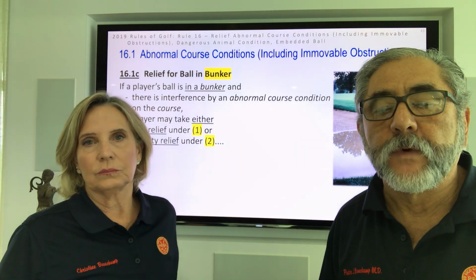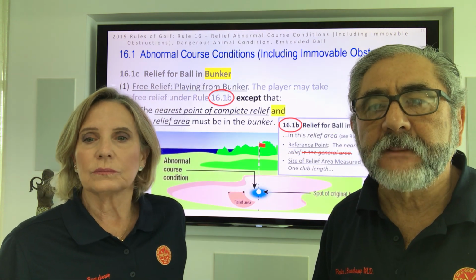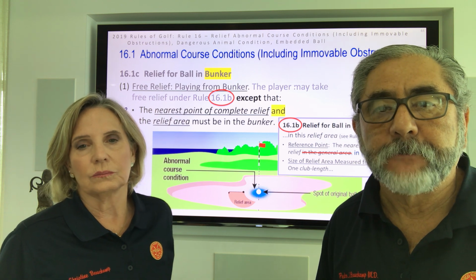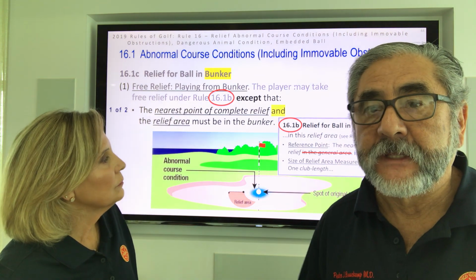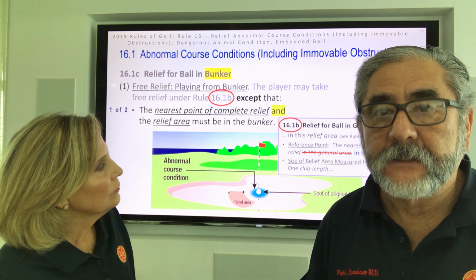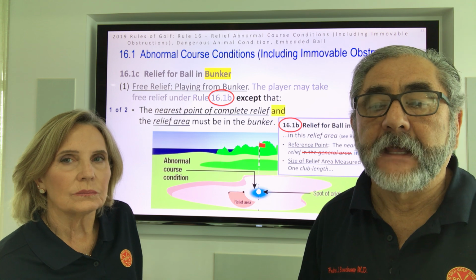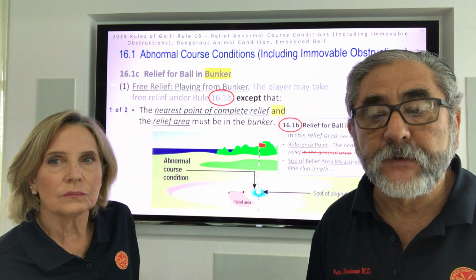The rules will allow us free relief, and the rule that applies is the nearest point of complete relief. We don't use the back on the line, we don't use the 2 club length for an abnormal course condition in a bunker. This is a free relief.